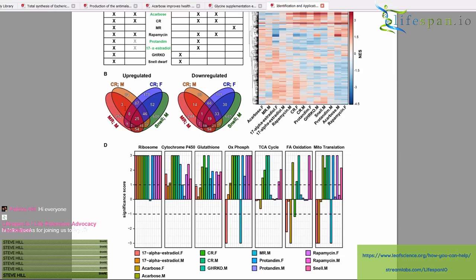And you can already see that lots of genes overlap, differentially expressed genes, I mean. So at the level of individual genes, we have some common mechanisms.